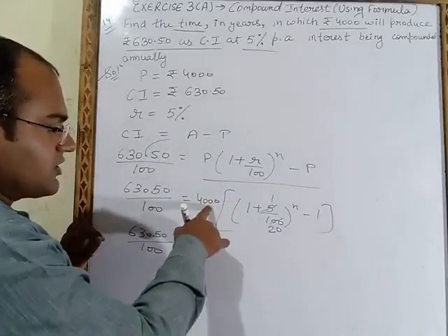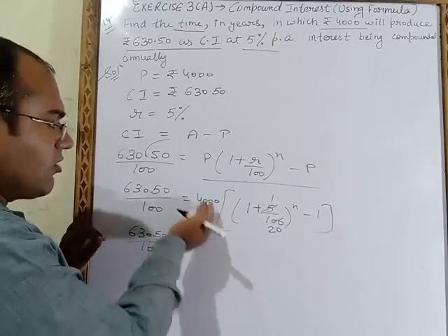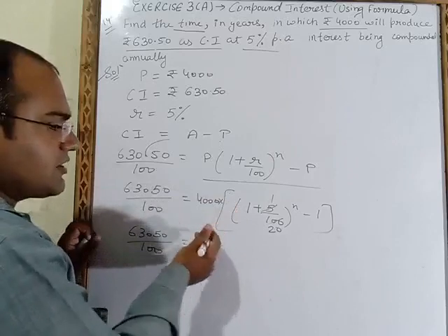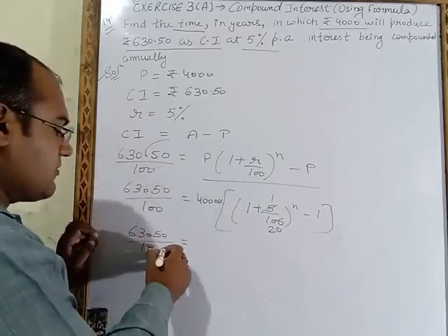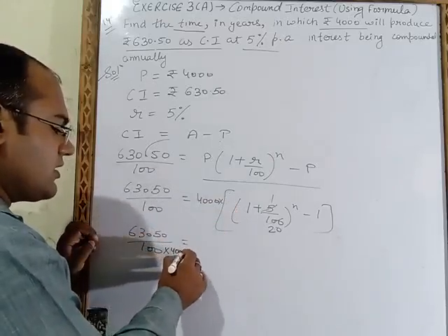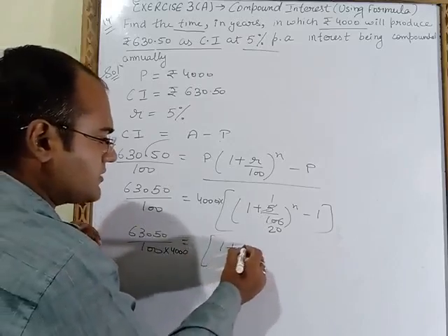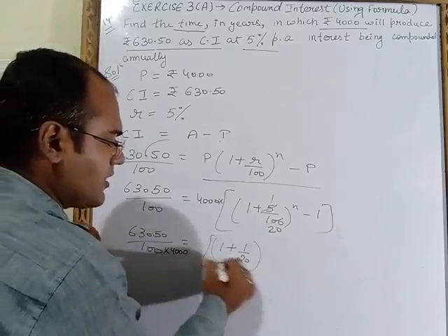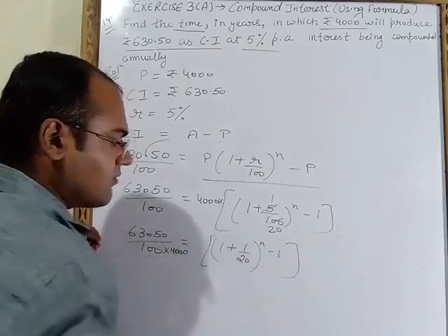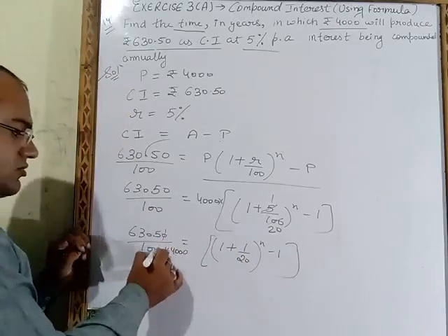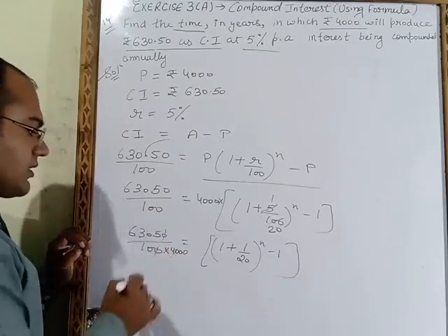Now this 4000 we can bring on the left side. Here it is in multiply, so on the left side this will come in divide. So here we can take 4000, and the remaining term we can write here 1 plus 1 upon 20 power n minus 1. Now these two zeros will get cancelled.